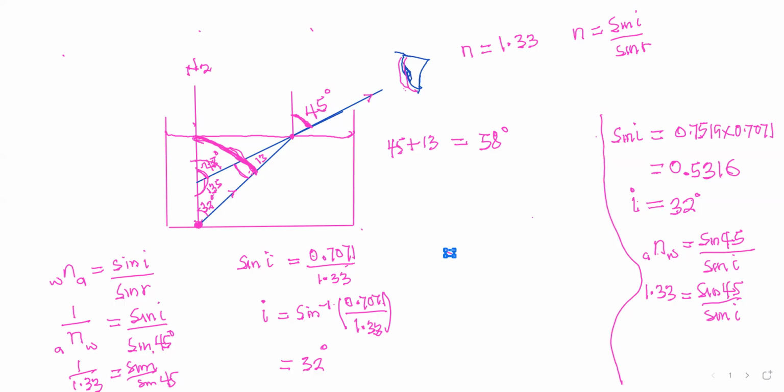Sir, I said wouldn't it be easier to use the other Snell's law that says n2 sine theta is equal to n1 sine theta, where you get 1 sine 45 to be equal to 1.33 sine theta. Then you make theta the subject and you get the 32 degrees. Oh, you can also use that. You can also use that. Okay.